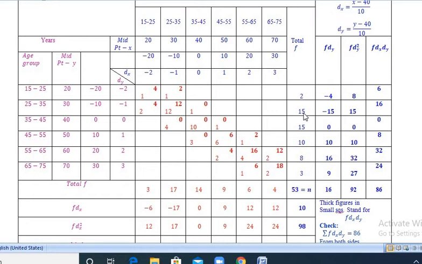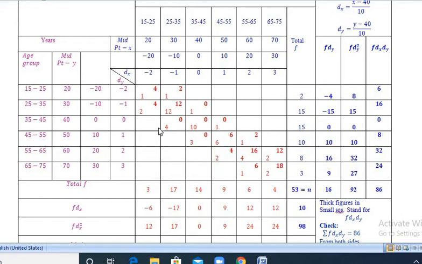Their sum is 15. And similarly, the sum of 4, 10 and 1 is also 15, and the sum of 3, 6, 1 is 10. That is the frequency of the series over various class intervals. And the sum of 2, 4 and 2 is 8, and the sum of 1 and 2 is 3.